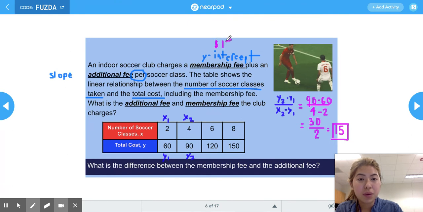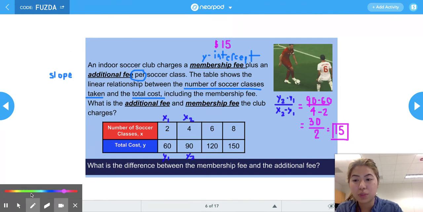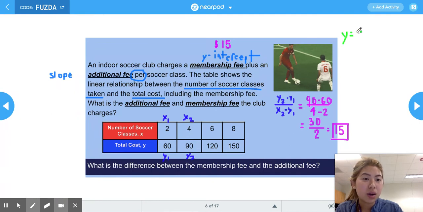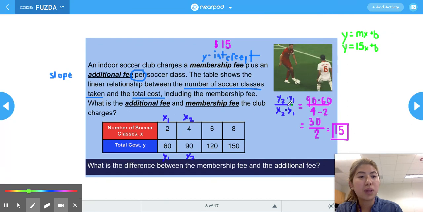From here, I'm going to write my equation with that slope. So instead of writing y is equal to mx plus b, I'm going to write y is equal to 15x plus b because I know that my slope is 15. Okay, now from here, I'm going to choose a point from this table to plug into this equation.